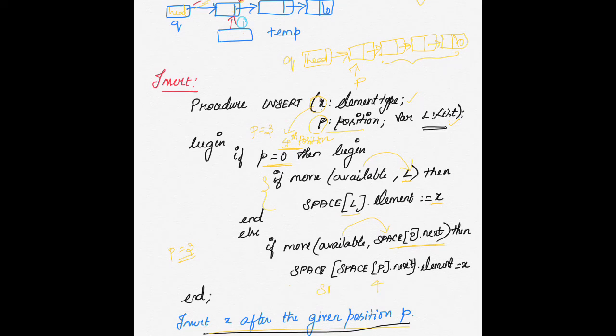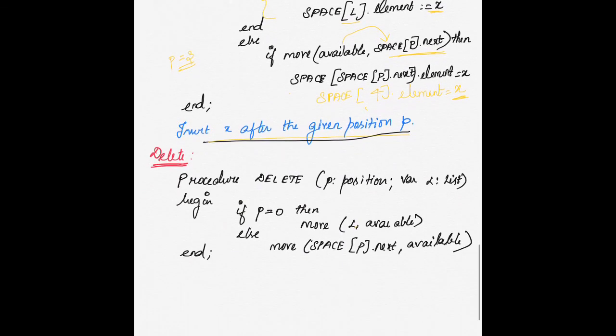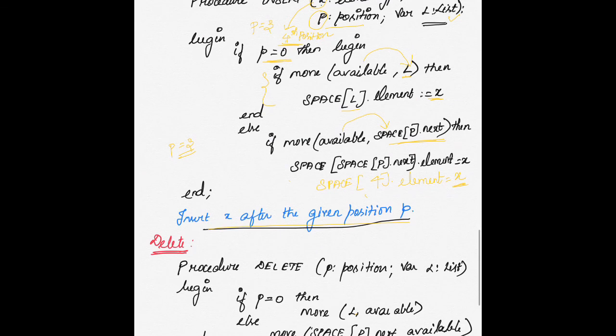So space of 4 dot element will be your x. So the x is assigned to the fourth position. So this is how it will be done in case of insertion in the cursor based linked list. Here is where we will be using the move function. So if it has been successfully moved, we will be returning true, or else it will return false.